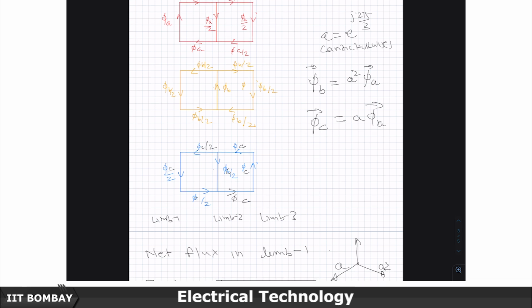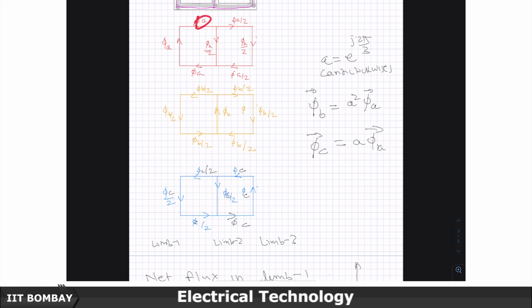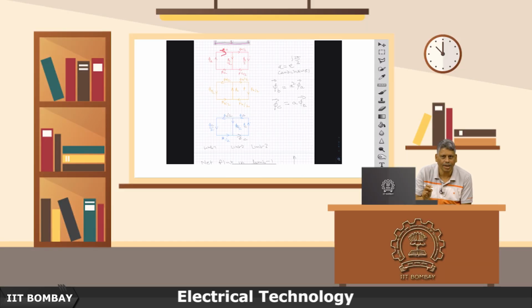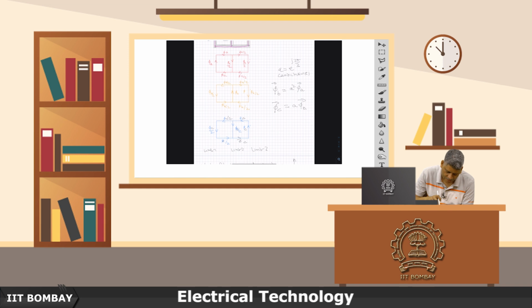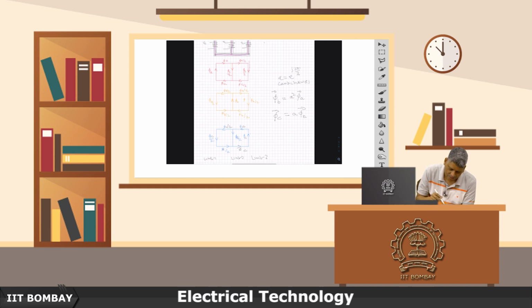So, therefore, phi a minus phi b by 2 minus phi c by 2, which is again 3 by 2 phi a, would come out here, 3 by 2 phi b will come out here, and on this one 3 by 2 phi c will come out in this direction, right.